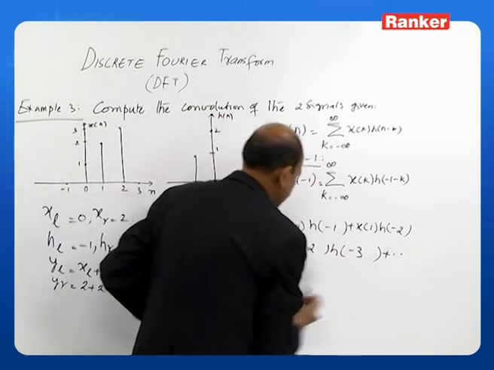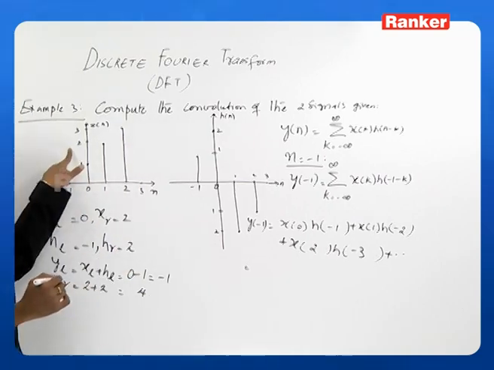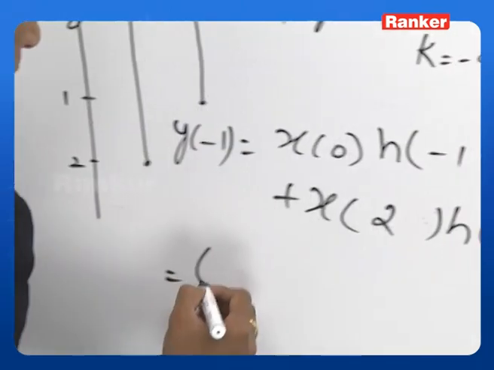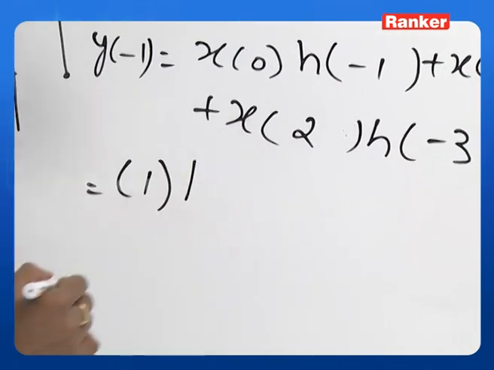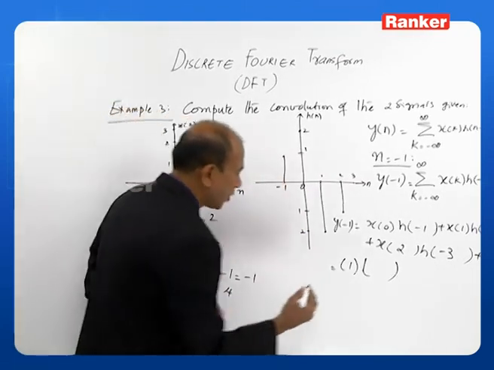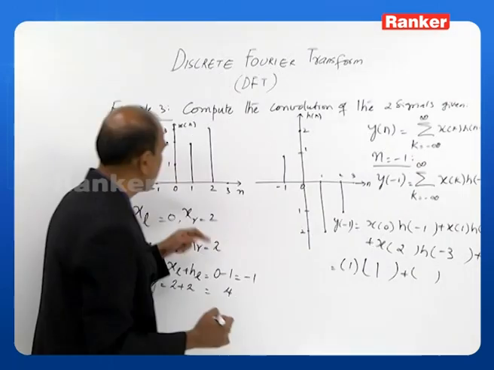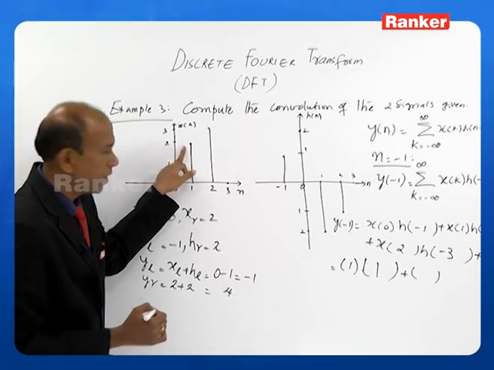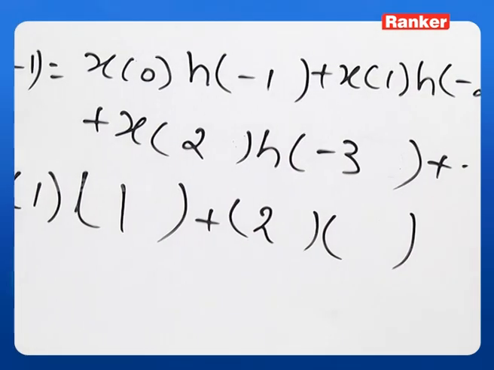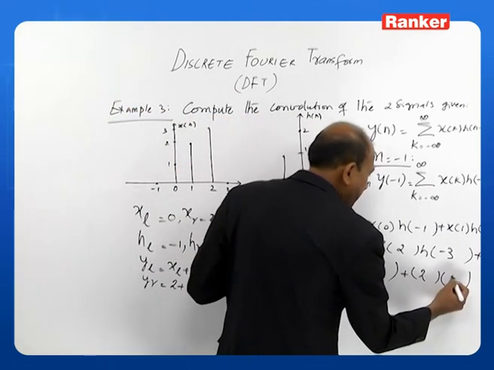Okay. So, how much is this? What is x of 0 for us? X of 0 is 1, and h of minus 1 is again 1. So, this will be 1, plus x of 1, which is 2, and h of minus 2 is not existing, so this will become 0.